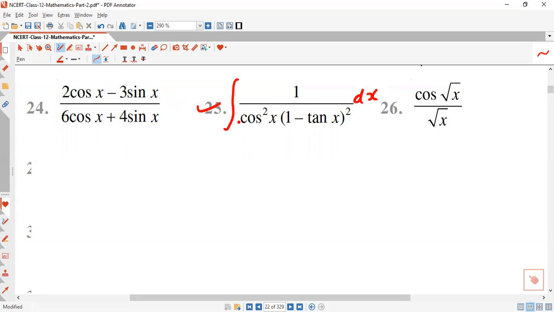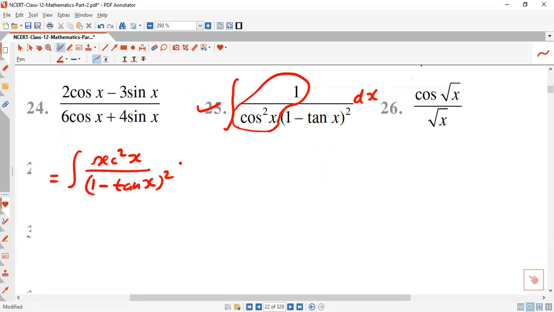This can be written as integration of sec square x upon 1 minus tan x whole square, because 1 upon cos square x can be written as sec square x, with dx. So now put tan x equal to t.